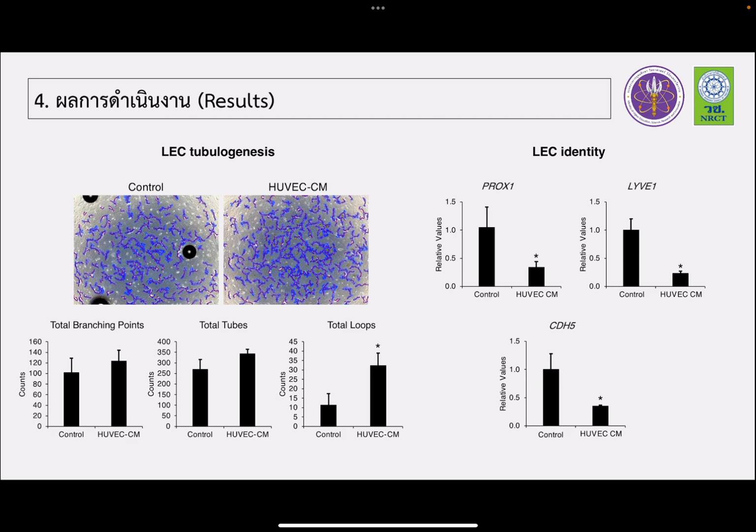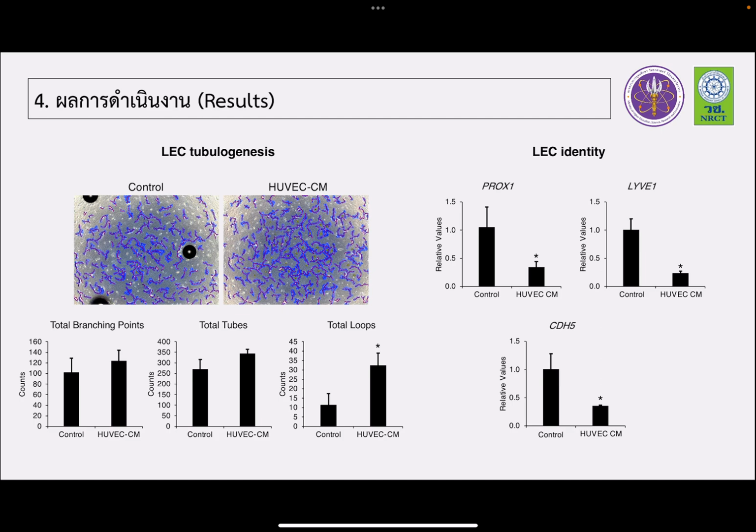So next we look at the LEC progression and also LEC morphogenesis by looking at the tube formation assays. Basically we seed LECs in matrigel, and these endothelial cells will start to change their morphology and adapt to the tube formation structures.